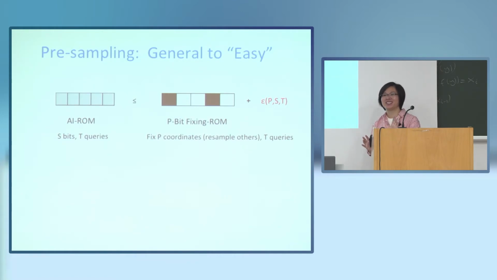I know there's some subtlety, but let's ignore it. The definition of this model is just: you fix P locations, and then the other locations are sampled uniformly at random. For all the primitives we care about, like proving one-way functions and PRGs, there won't be any issue. But anyway, let me continue.